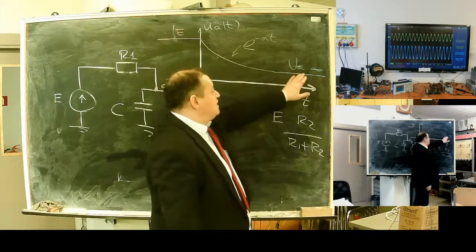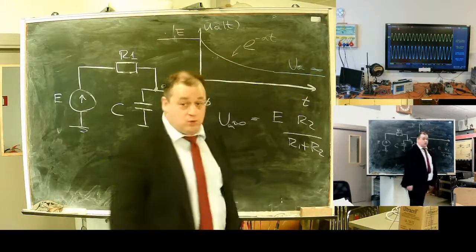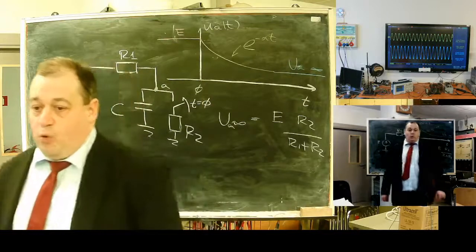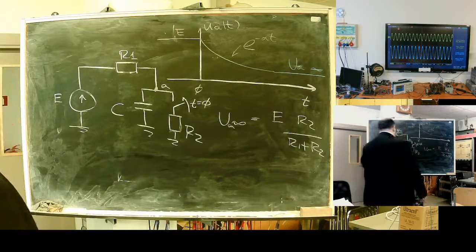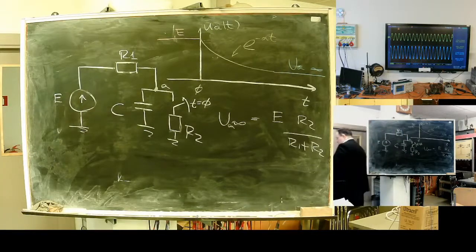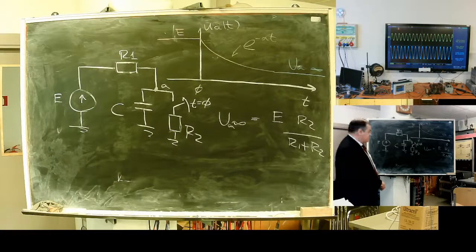So this one is the enforced component, and this one is called the free component. Enforced component, or infinite time regime, and free component, or components of the transient.